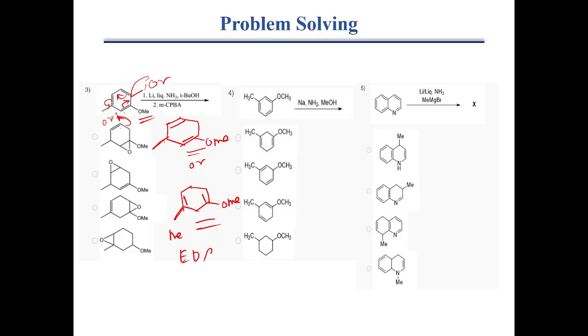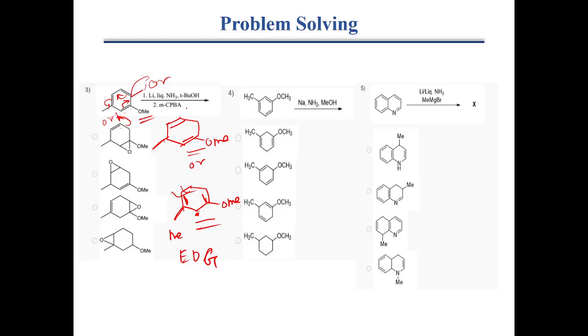If it attacked the ortho position, this position, then this would also form. But in this case, no ortho attack is happening. That's why we are not getting the ortho double bond product. So this is the first right product, due to the electron donating effect of both methyl and methoxy groups.